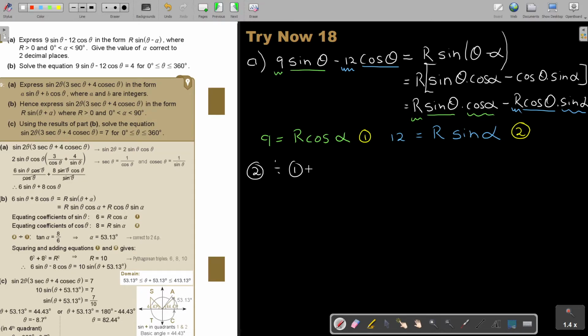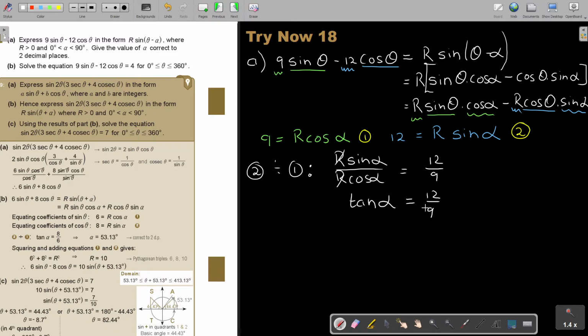So basically, 2 divide by 1 is going to be, as I said to you, I'm doing it a little bit longer. So it's R sin alpha divide R cos alpha, and on the other side it's 12 divide 9. So the R's cancel, so I'm sitting with tan alpha is 12 over 9.